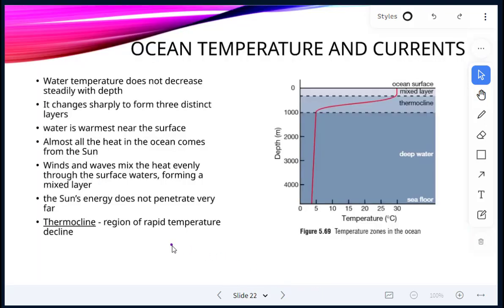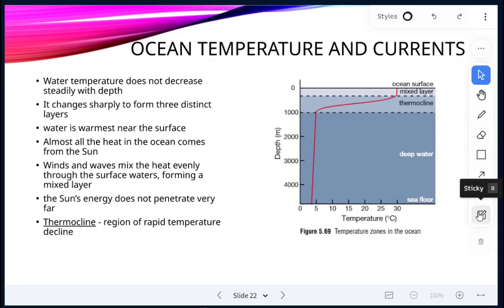Next, we'll look at ocean temperature and currents. Water temperature does not decrease steadily with depth. It actually changes sharply to form three distinct layers. Warmer, okay, at the top, water is warmest near the surface. Almost all the heat in the ocean comes from the sun. Winds and waves mix the heat evenly through the surface waters, forming this mixed layer.